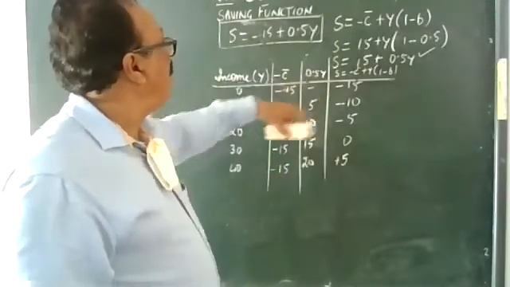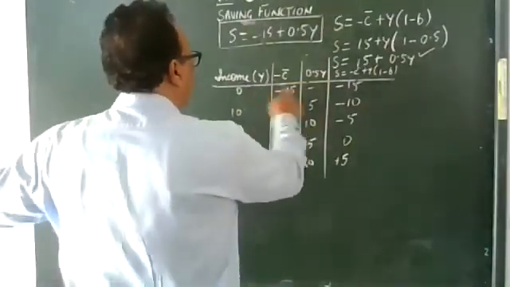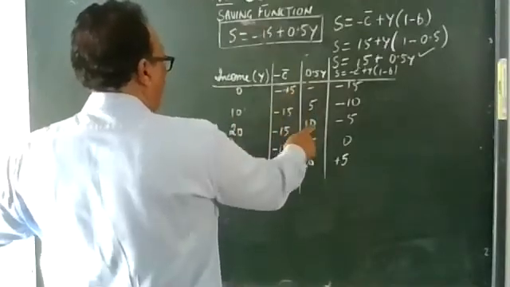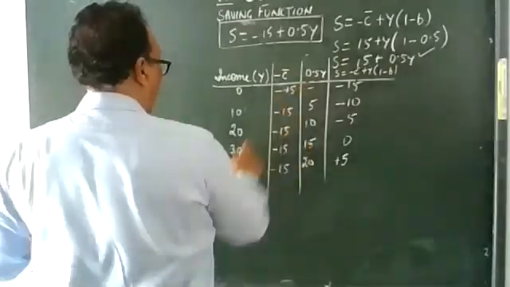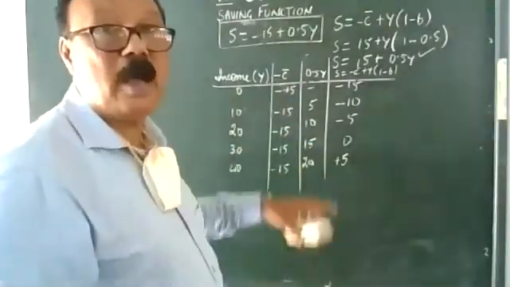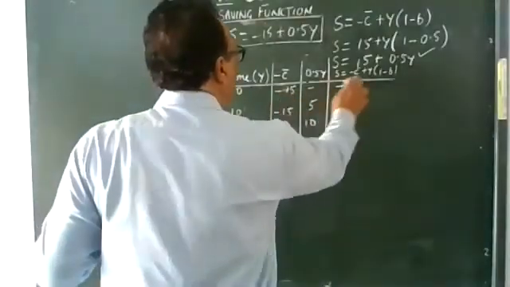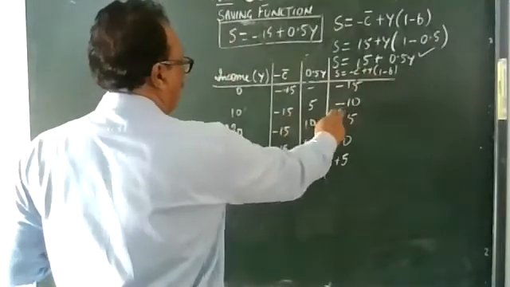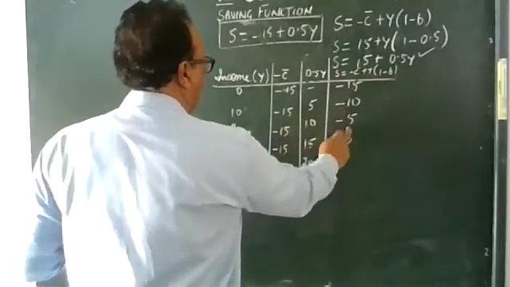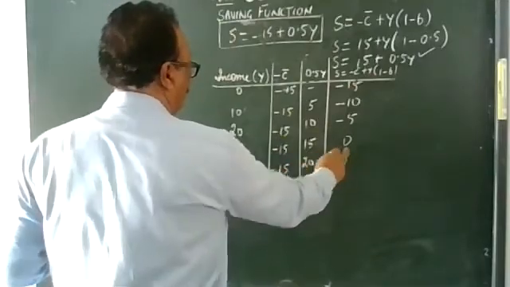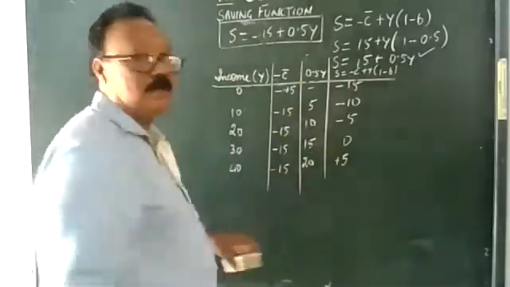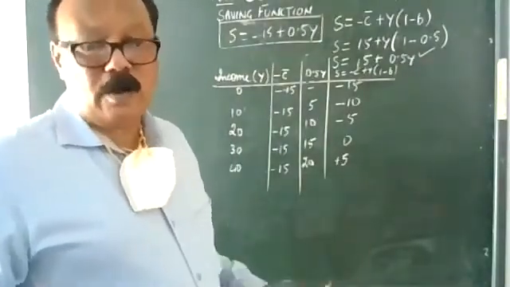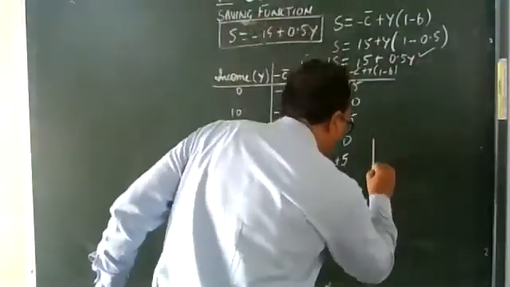Third column, 0.5 of Y, that is 0.5 into 0, 0.5 into 10, 5, 0.5 into 20, 10, 0.5 into 30, 15, 0.5 into 40 is 20. And the last column is adding these two up: minus 15, minus 15 and plus 5, minus 10, minus 15 and 10, minus 5, minus 15 and 15, 0, minus 15 and 20, plus 5. Now either I draw two schedules or it would look something like this.